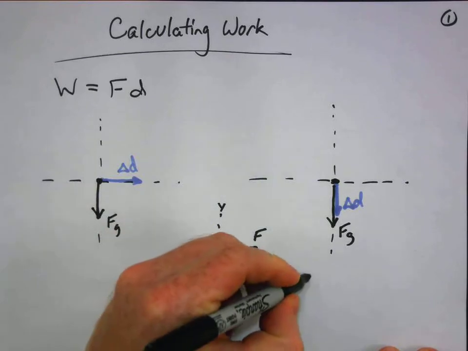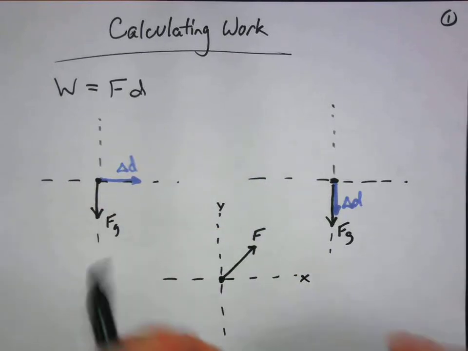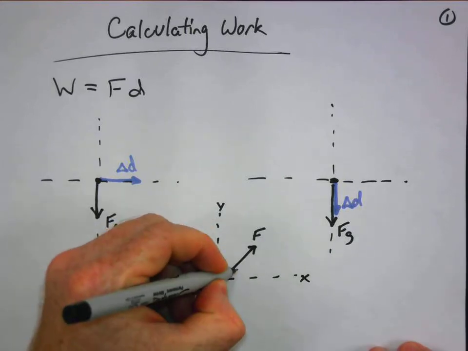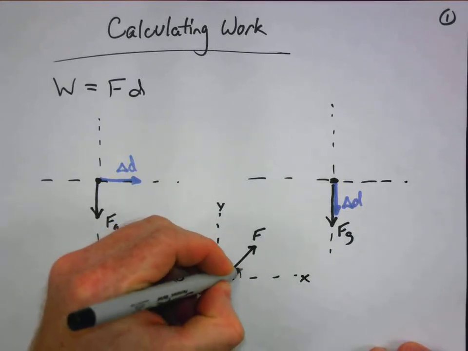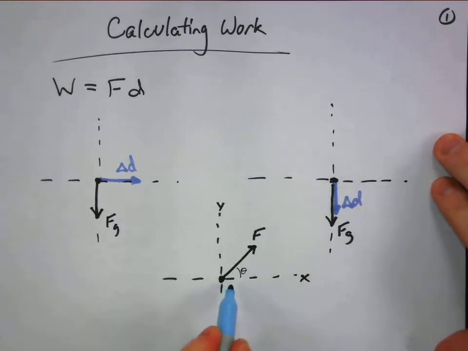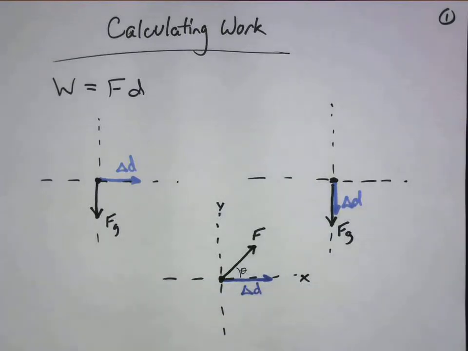Call this our y-axis, our x-axis, that's fine. And this force is at some angle with respect to that x-axis. There's angle theta. But at the same time, while this force is applied, what if the object is moving in this direction? So it will have a displacement there.